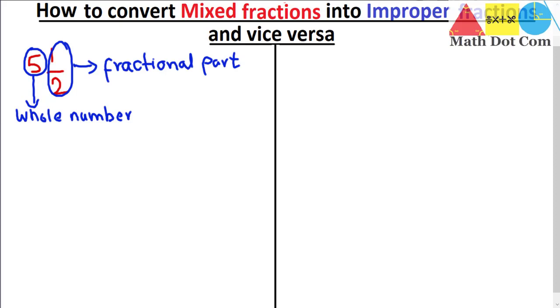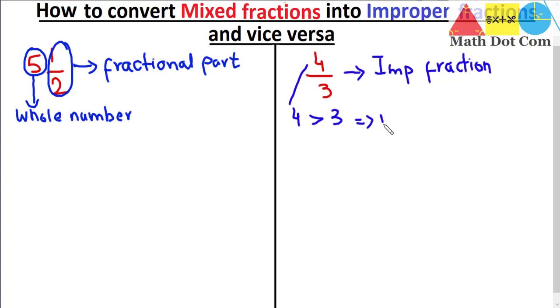So what is an improper fraction? An improper fraction is a type of fraction, like 4 divided by 3. Why is it called an improper fraction? Because its numerator is greater than its denominator. That is, 4 is greater than 3.